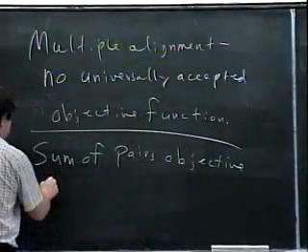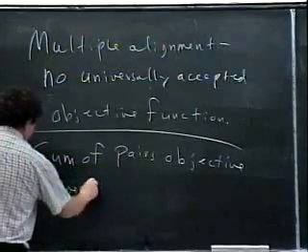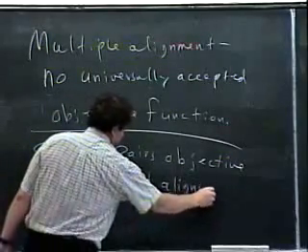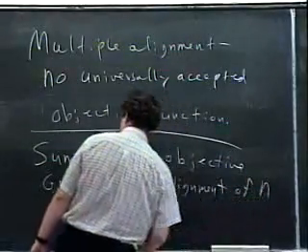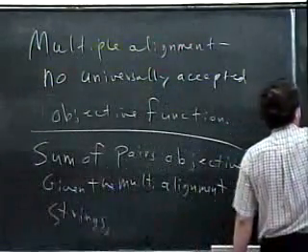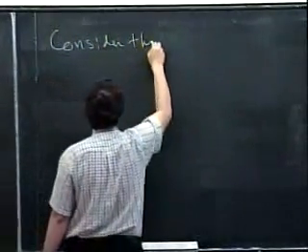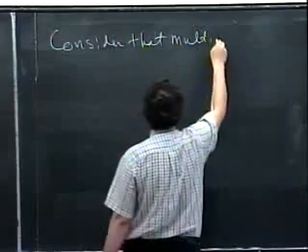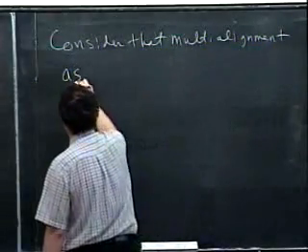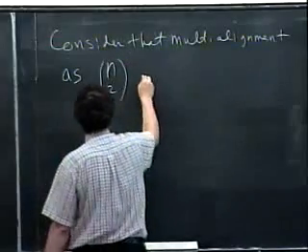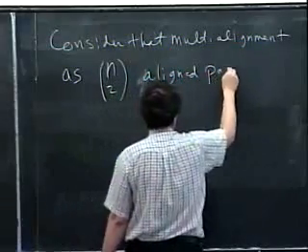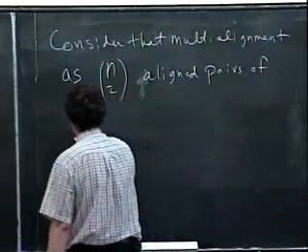And it is basically given the multiple alignment of n sequences or n strings, you consider that multiple alignment basically as n choose 2 pairs, aligned pairs of strings.